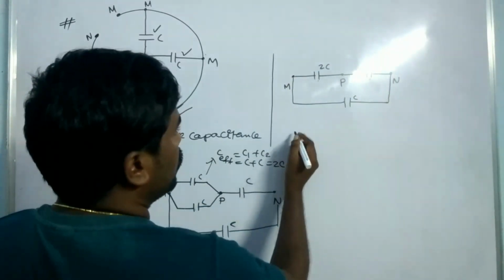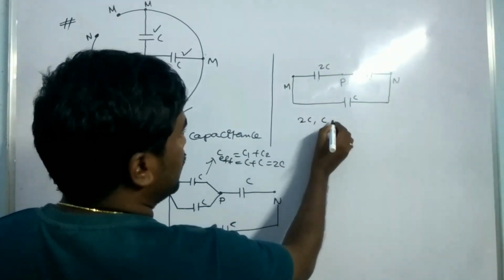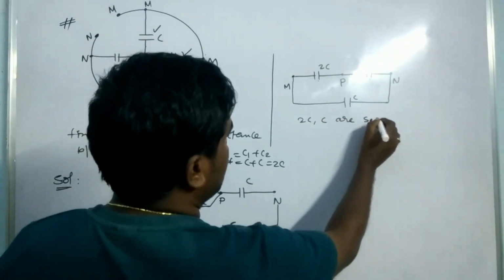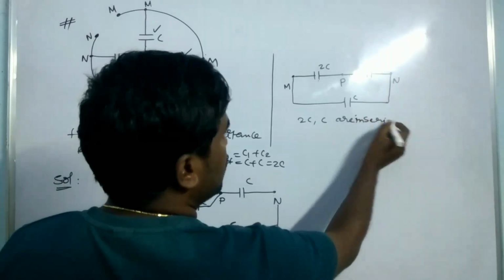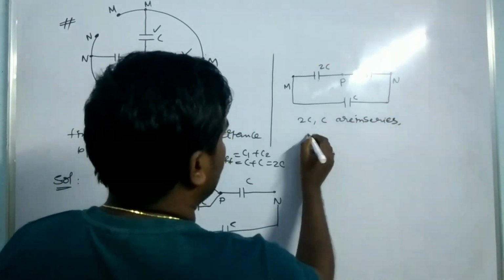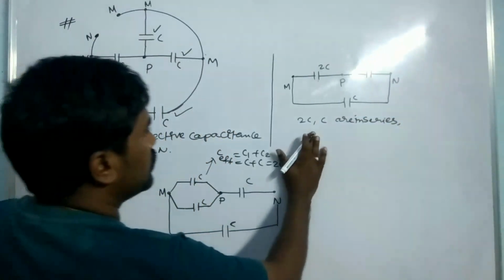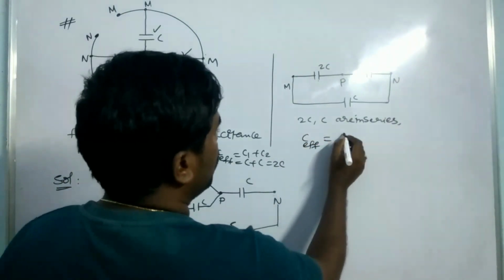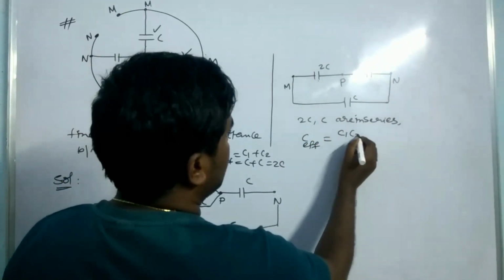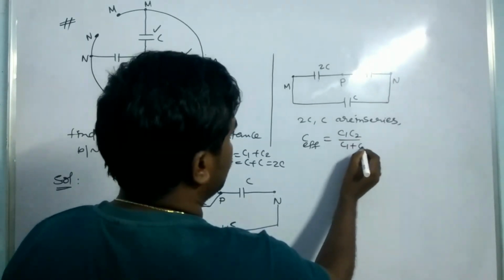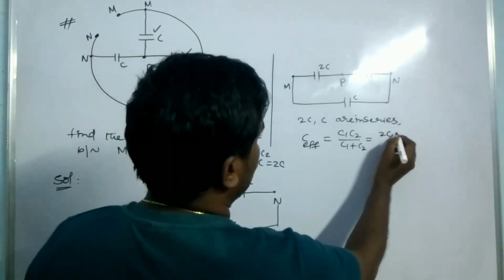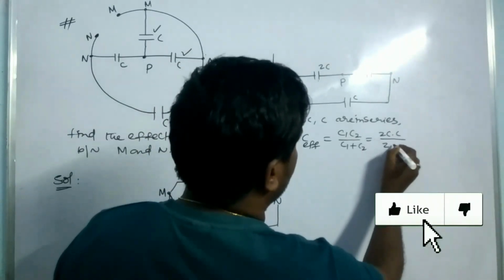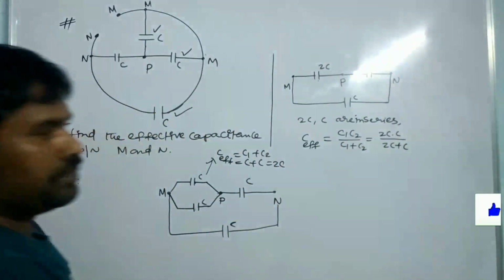Since 2C and C are in series, C effective is equal to C1 C2 by C1 plus C2. Let us write it as 2C into C by 2C plus C here.